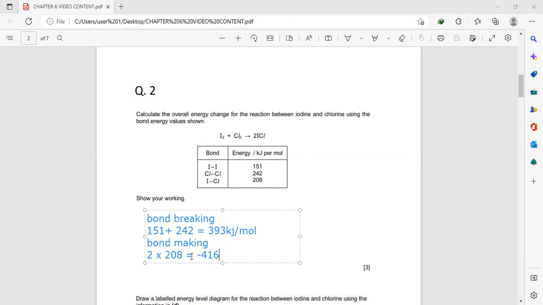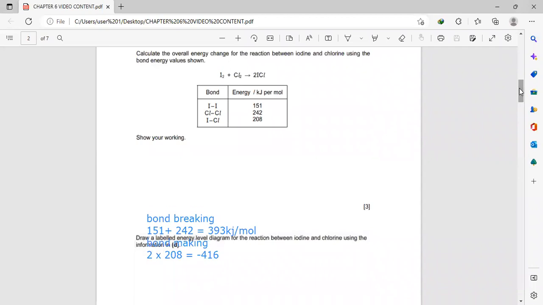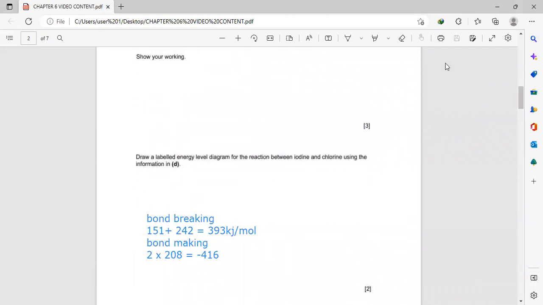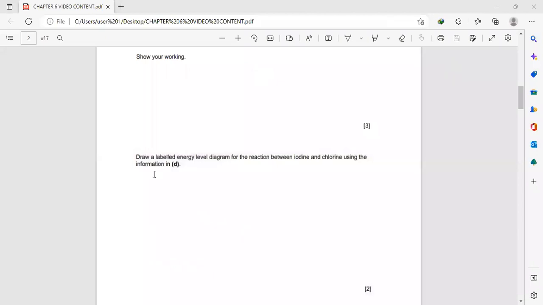Next one, second part. You want to draw a labeled energy level diagram for the reaction between iodine and chlorine using the information.